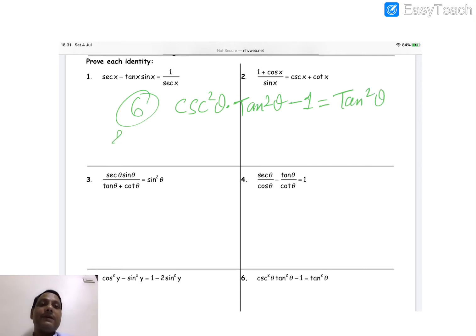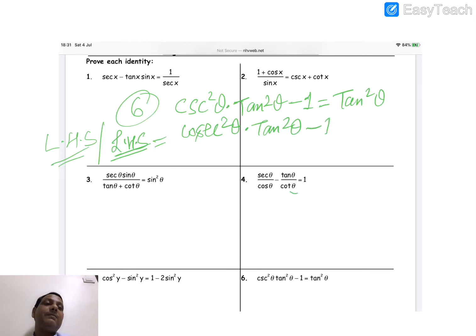Once again we are going to take the left hand side, or people write LHS, up to you. So we get cosec square theta, don't be confused, CSE or cosec square theta means the same, into tan square theta minus 1.